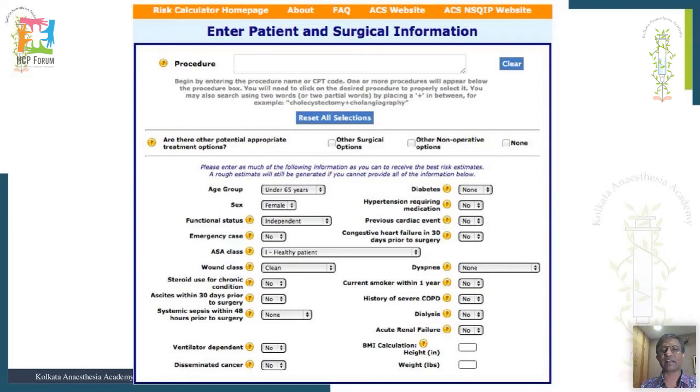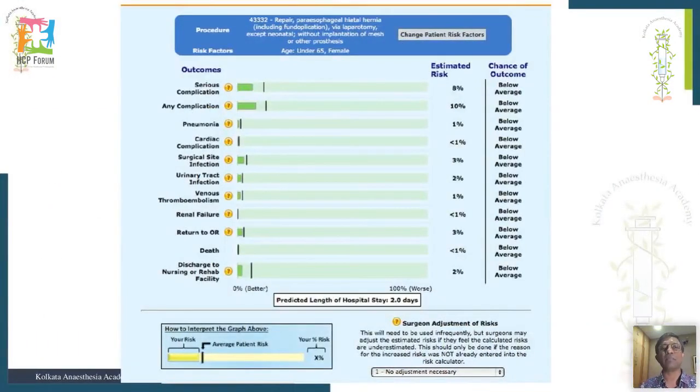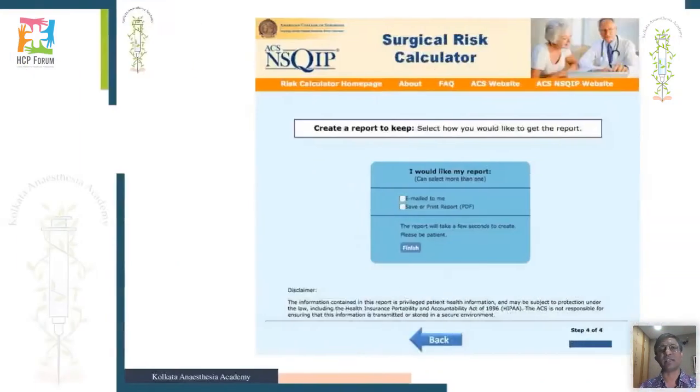Is he a smoker? And then you create the outcome, and it gives you individually whether the person can have a serious complication or a pneumonia, surgical site infection, thromboembolism, renal failure, and a composite kind of risk, and tells you whether the person is at the expected risk for that particular procedure or the risk is more. Again, it gives you objective numbers, and it can help you in decision making. So that is about NSQIP.